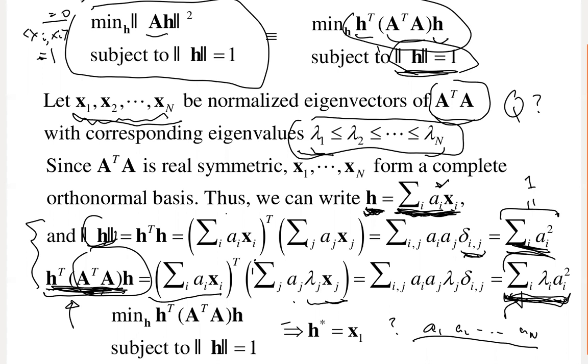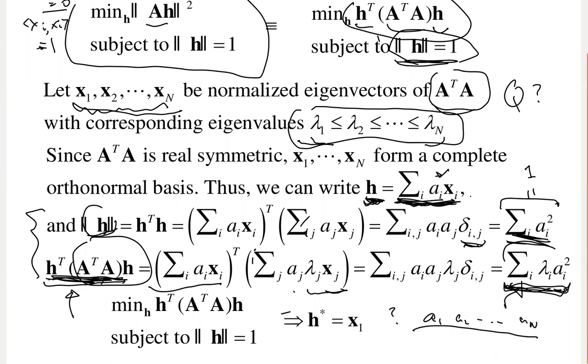Let's see again. If I have lambda 1 less than lambda 2 and so on, what's the minimum value I can get?